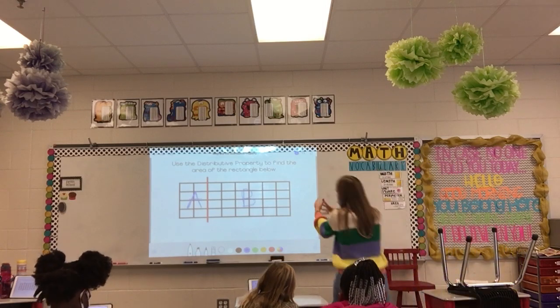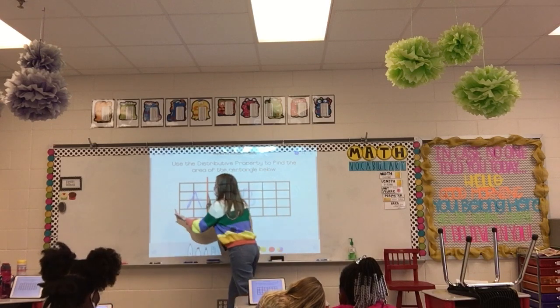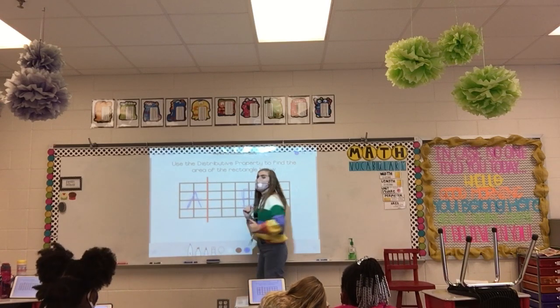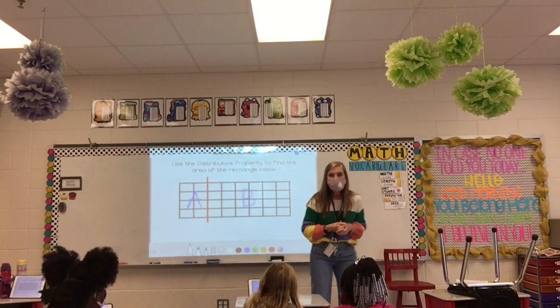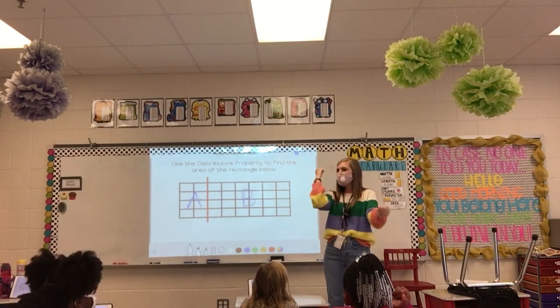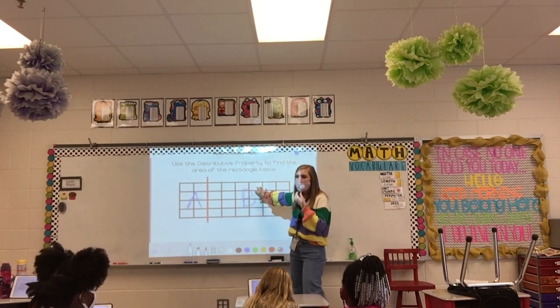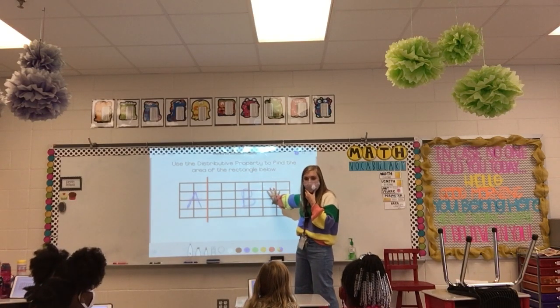So they took one big array, one big area, and they have broken it apart into two smaller areas, right? And what must go in between them? Plus, because we have to add them back together to find our original equation, correct?